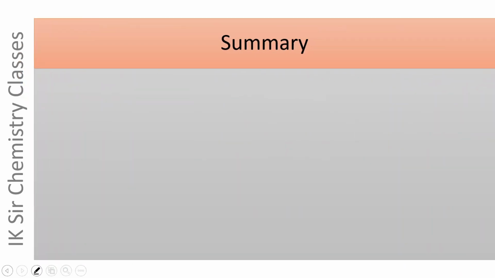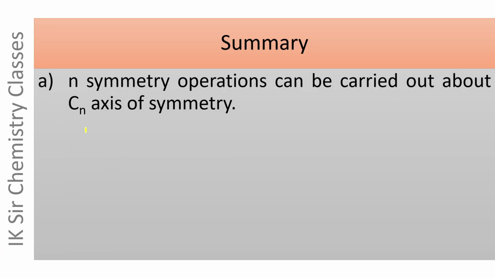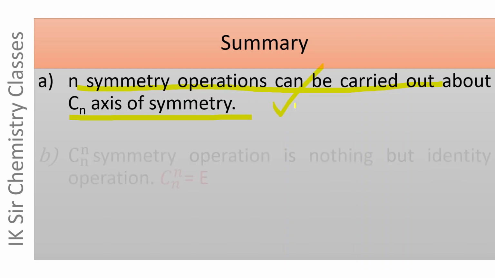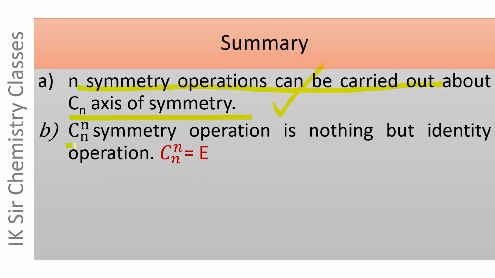Let us summarize the main points discussed in this video. N symmetry operations can be carried out about Cn axis of symmetry. 4 symmetry operations can be carried out about C4. 3 symmetry operations can be carried out about C3. 2 symmetry operations can be carried out about C2. Cn to the power n is nothing but identity operation.